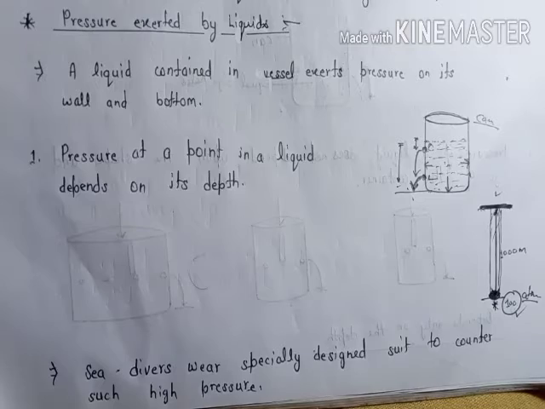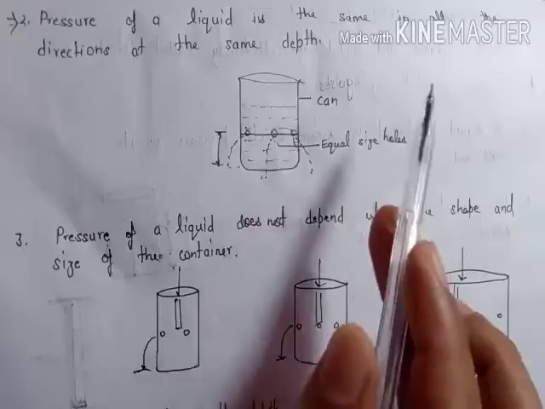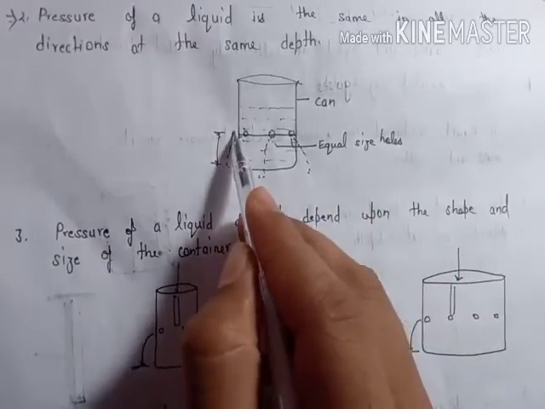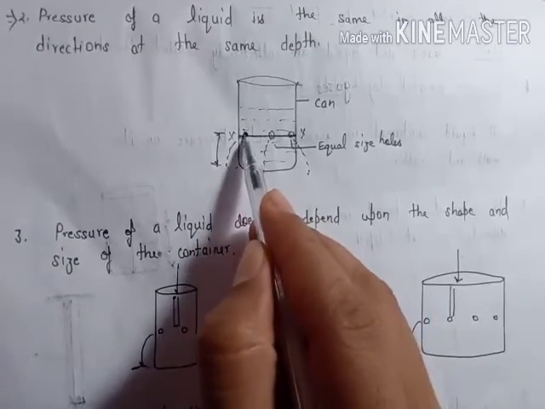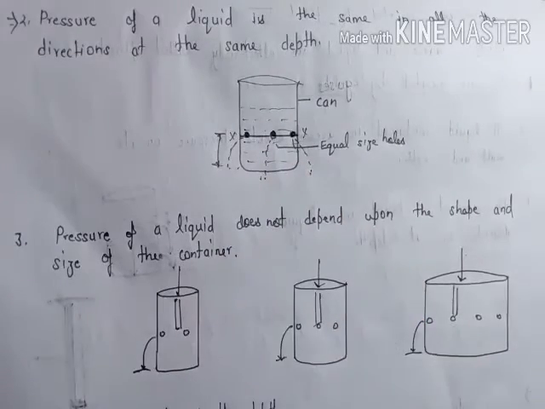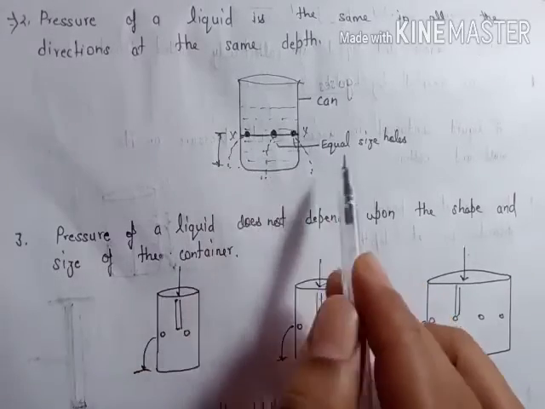And we have: pressure of a liquid is the same in all directions at the same depth. Just consider this is a layer XY, and three holes are there at the same depth in this vessel, which is filled with water.